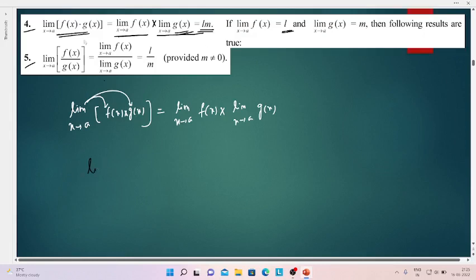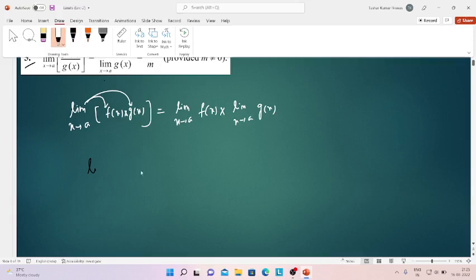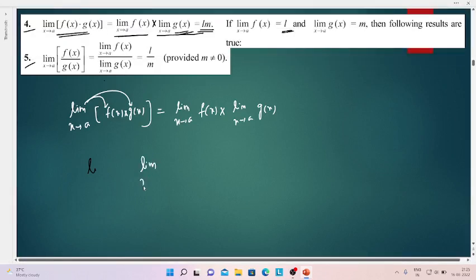Suppose I give you a basic example: the limit as x tends to 2 of x squared times e to the power x. Here this is a function and this is another function, and they are multiplied with each other. By this particular result, we can separate these two functions with limits.